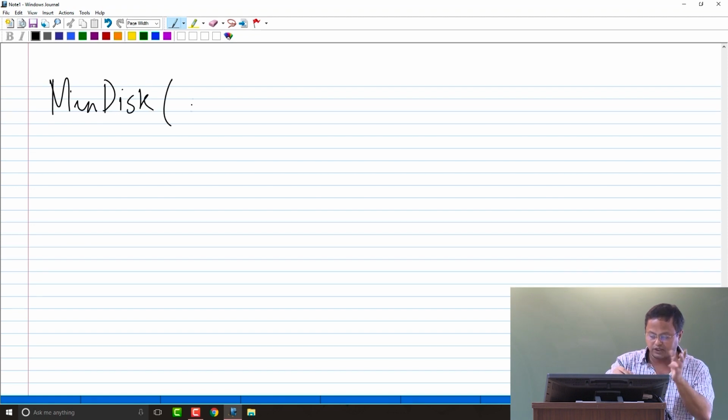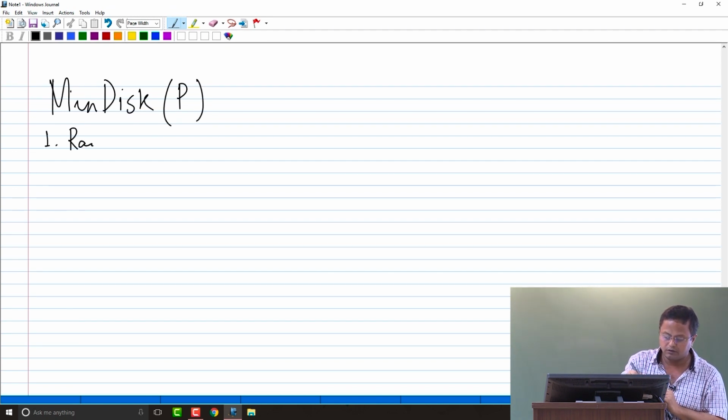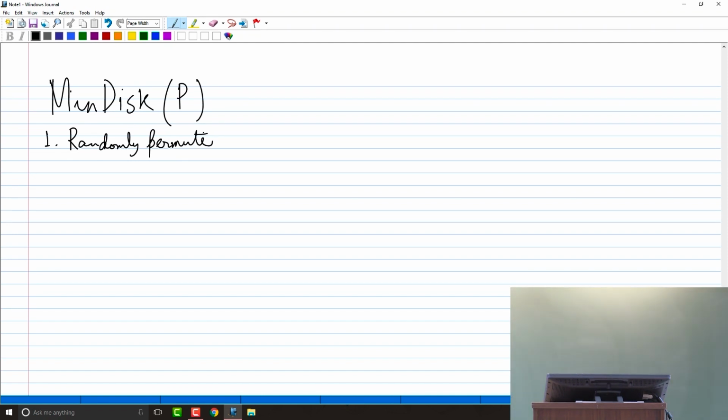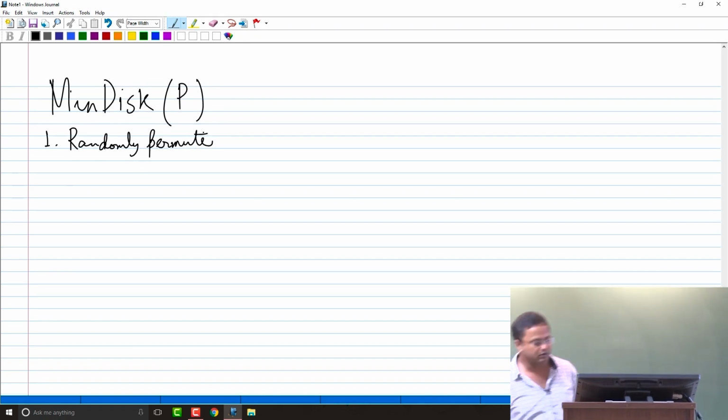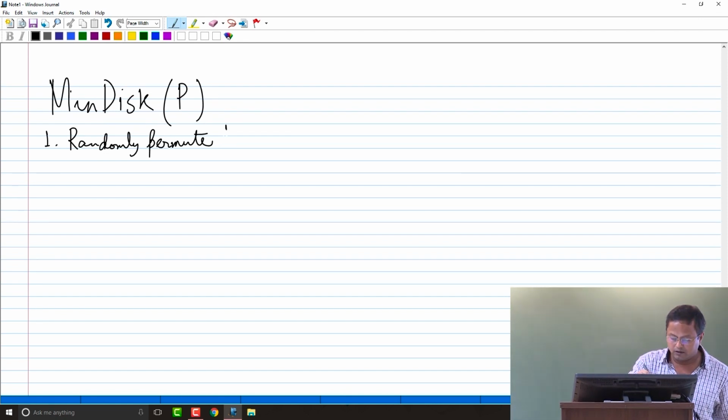So, this is my first level of recursion, minimum enclosing disk with the point set P. There, your first step is to randomly permute, then you have a loop.